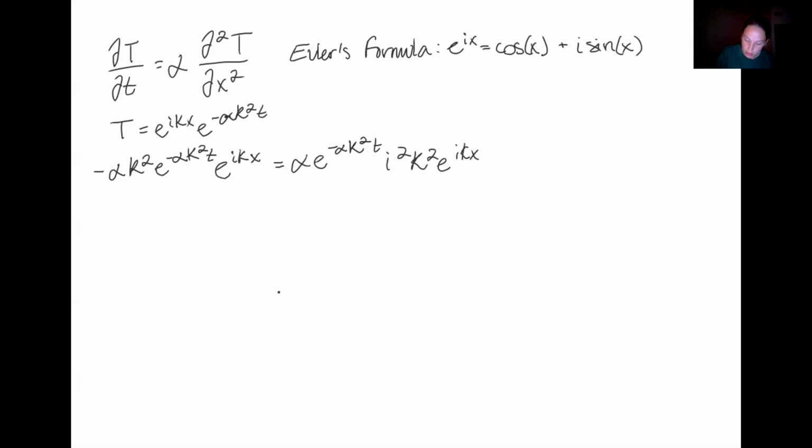And that in turn gives us this expression, which, by simplifying, is equal to the left-hand side and therefore proves to be a solution of the partial differential equation.